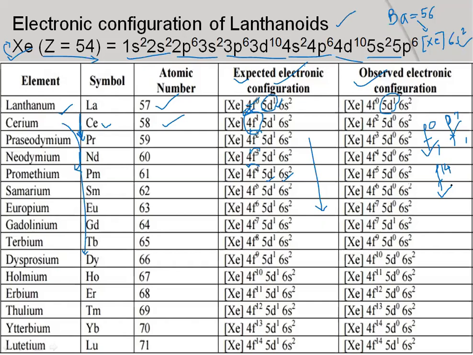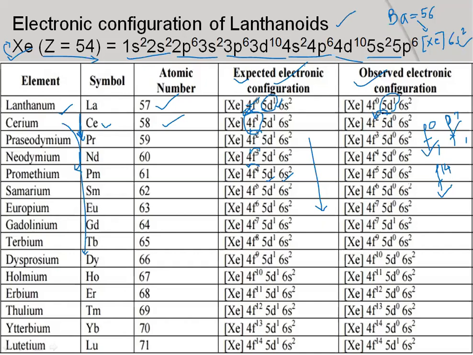And when an element achieves this configuration, it gets some extra stability, right? So that is the reason why one electron from the 5d orbital will jump to the 4f orbital.